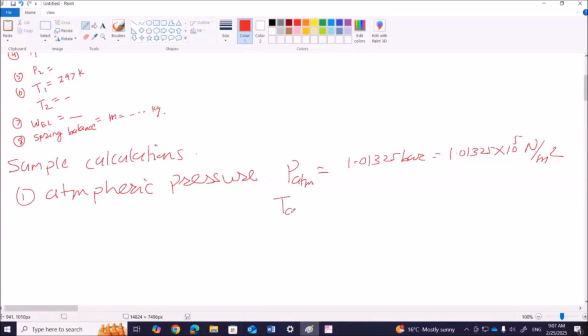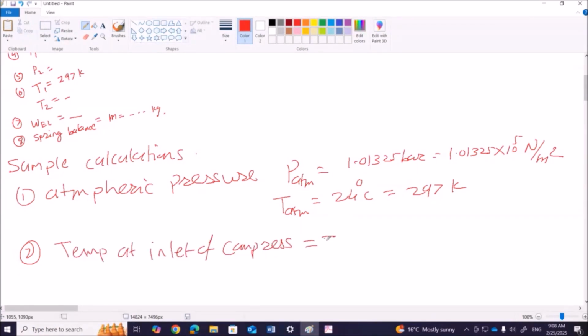Then the atmospheric temperature is 24 degrees centigrade, so 297 Kelvin, as I explained before. Number 2, the temperature at inlet of the air, T1, is assumed to be T atmospheric.